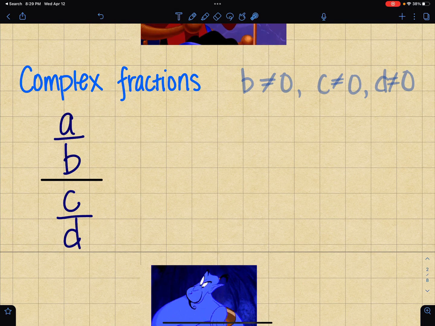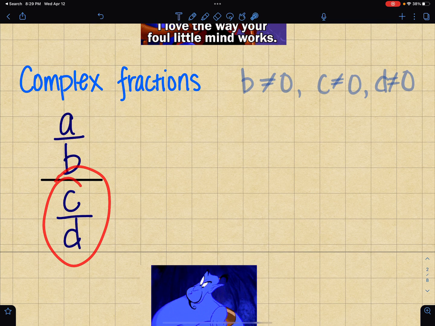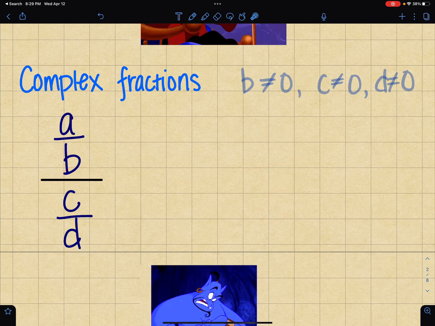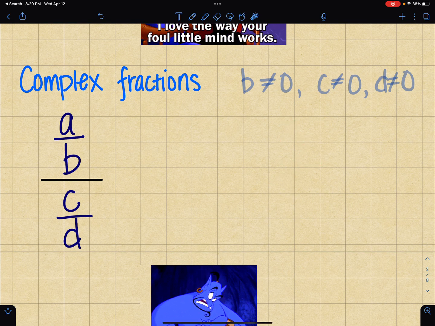If we multiply the denominator of this complex fraction by its reciprocal, the reciprocal of the denominator. Remember what a reciprocal is? If you've got a fraction like 1 over 3, the reciprocal is 3 over 1. You flip it, right? If you multiply the denominator of this complex fraction by its reciprocal, you're going to obtain a product of 1.